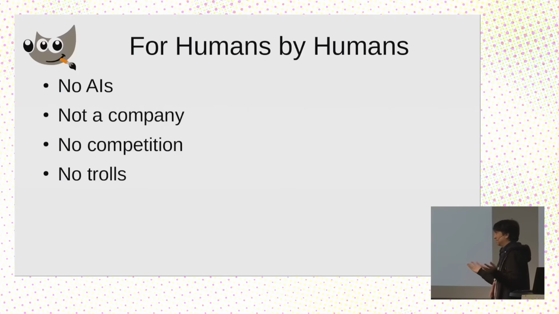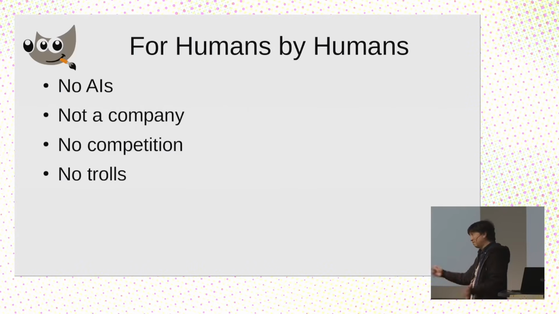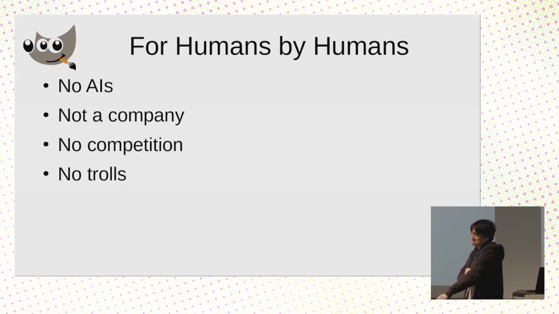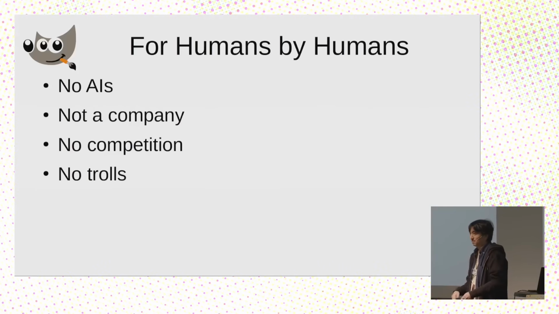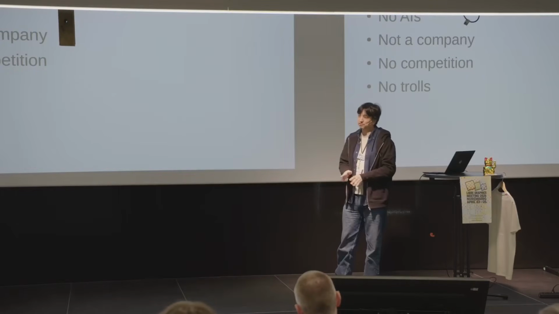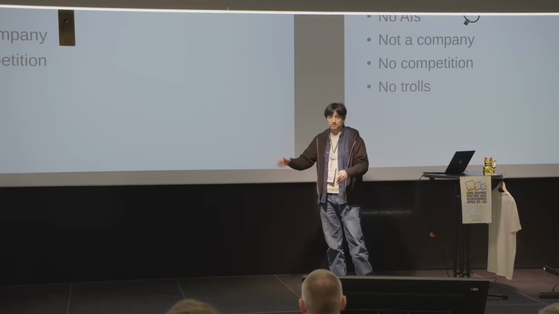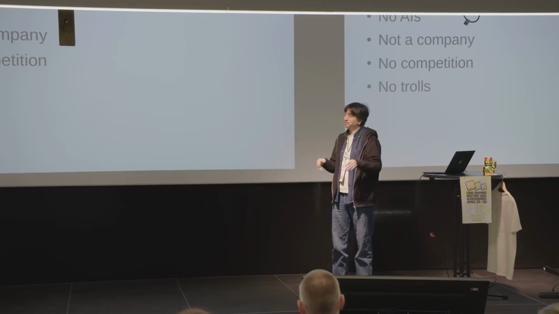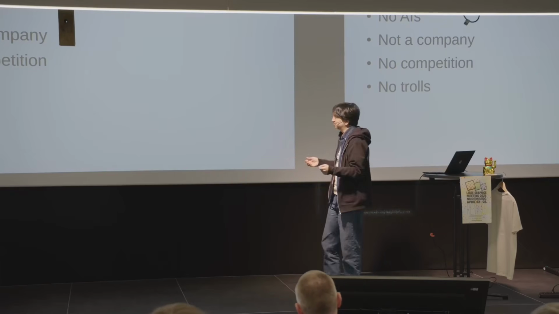We are not here to compete with other software, even the proprietary one. Personally I think all software should be free software. That's the state software should be in. But if people want to go to whatever proprietary software, it's not our business. Basically, we don't care.